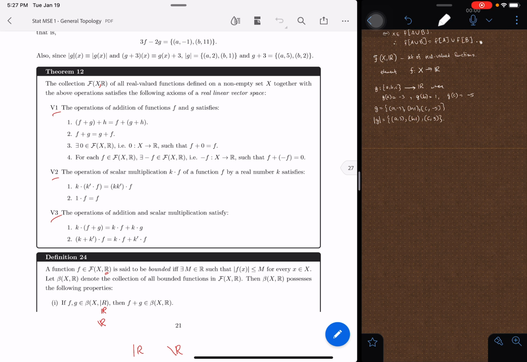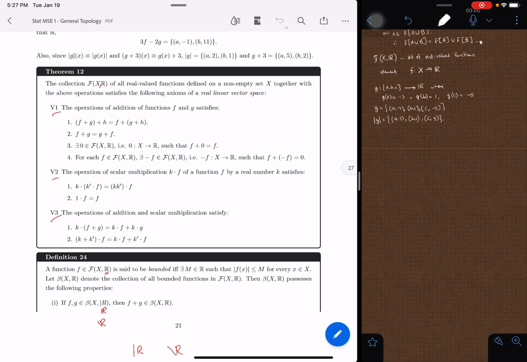We have the associativity property, the commutativity property, the existence of an identity function, and the existence of an inverse function. So pretty much similar to the field properties of R.